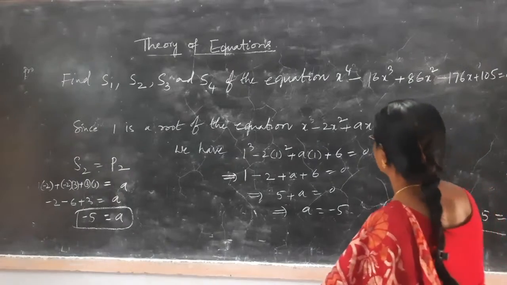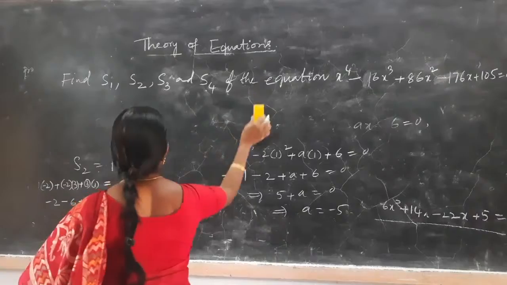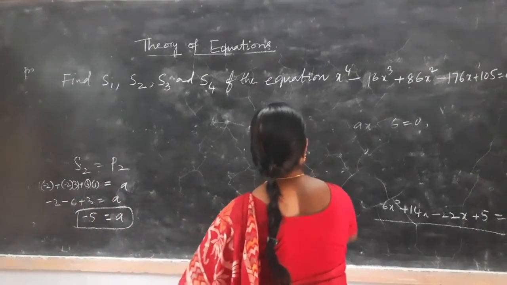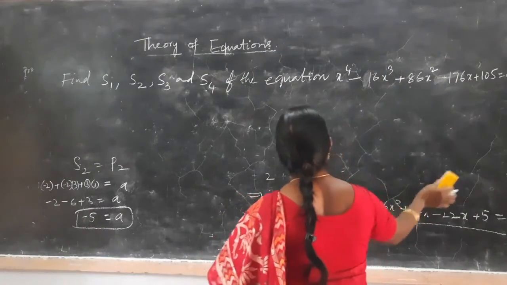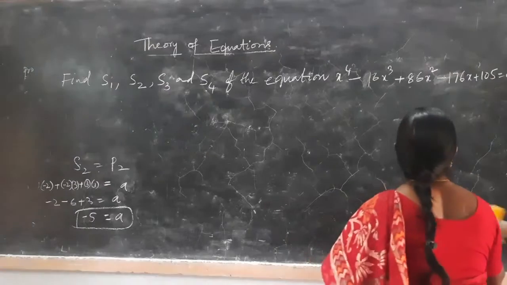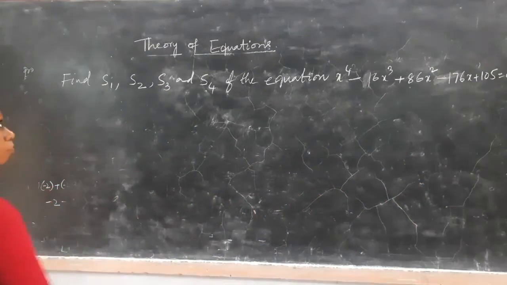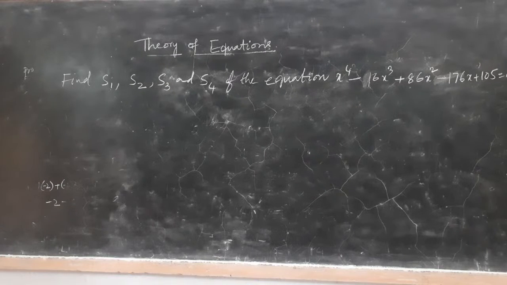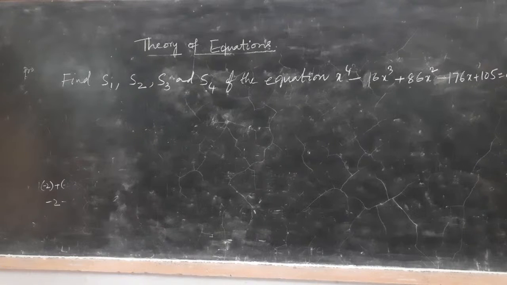This is your equation. Find S1, S2, S3 and S4 of the equation x power 4 minus 16x cube plus 86x square minus 176x plus 105.